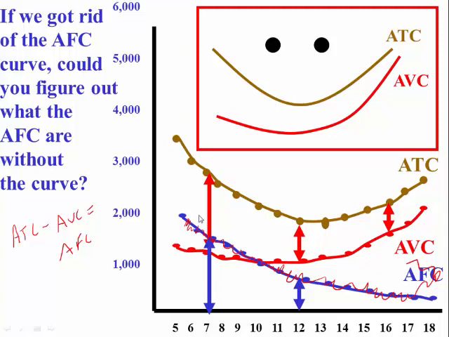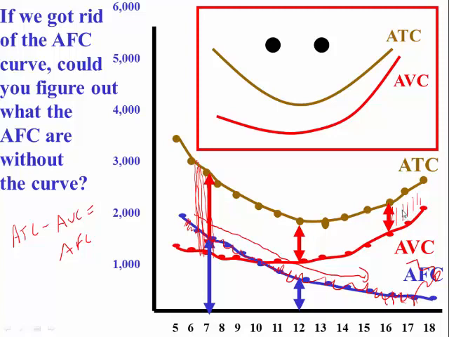Notice as AFC starts to head downwards, at first the difference between ATC and AVC is large. But because AFC is getting smaller and smaller here, the difference between ATC and AVC gets smaller and smaller here.